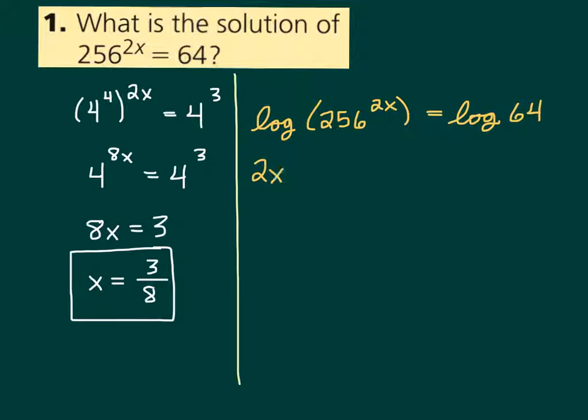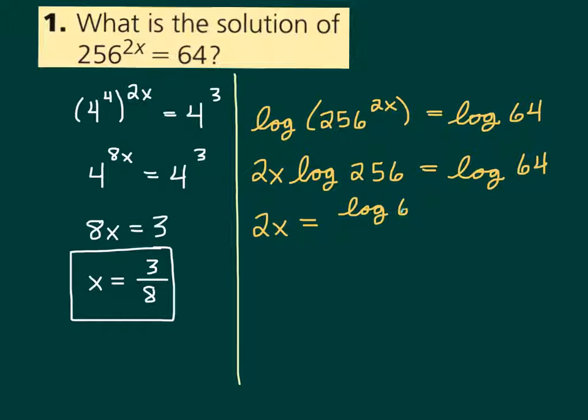So we have 2x log 256. The right side is still just log 64. Log of 256 is just a number. We're trying to isolate the x, so let's divide each side by log 256. I get that 2x is log 64 over log 256, which ends up being 3/4.